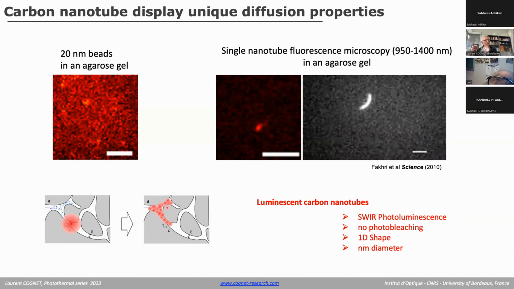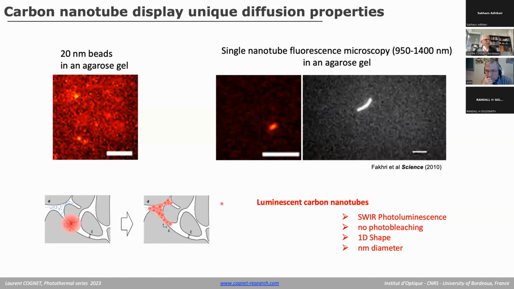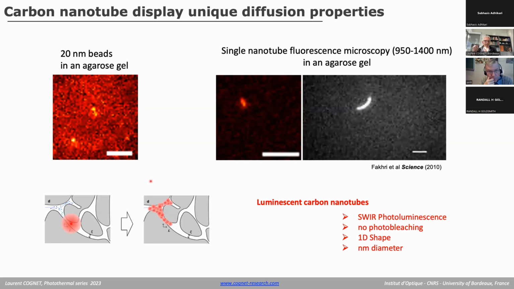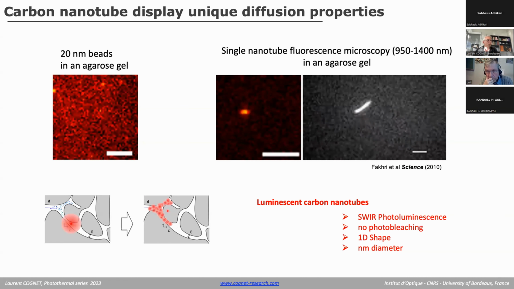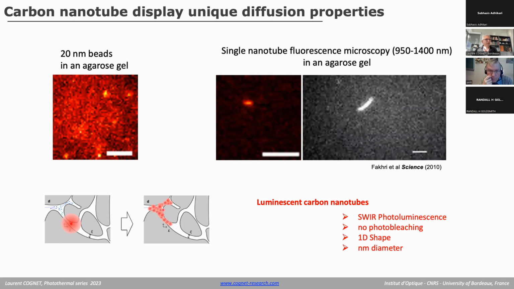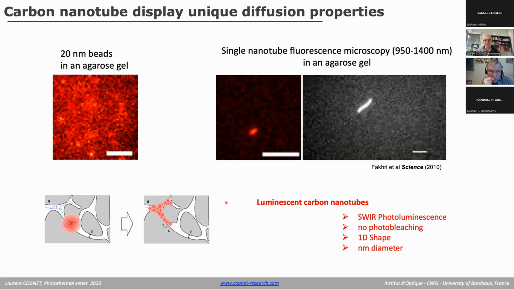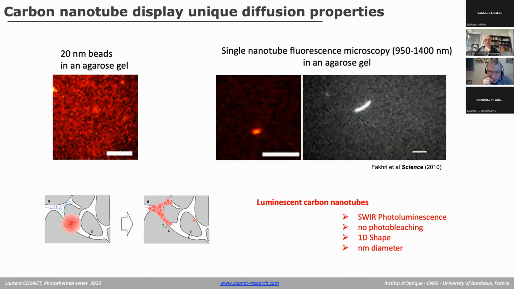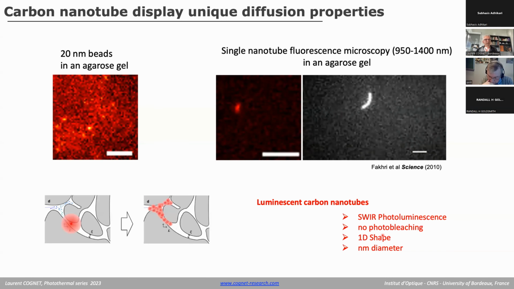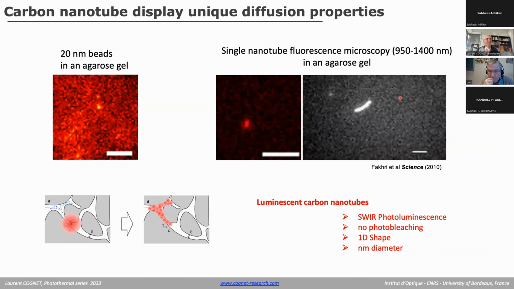The point to understand here is that the small dimension of the nanotube allows them to go into very narrow environments, like the agarose, like the beads, but their length also makes them bump into the corners, the boundaries, which provides a lot of data points. You see by eye that you have a lot of points, and that's exactly what we want for our applications. You see also that there is no photobleaching. They are absolutely photostable, very bright, and we are talking about near-infrared emission.